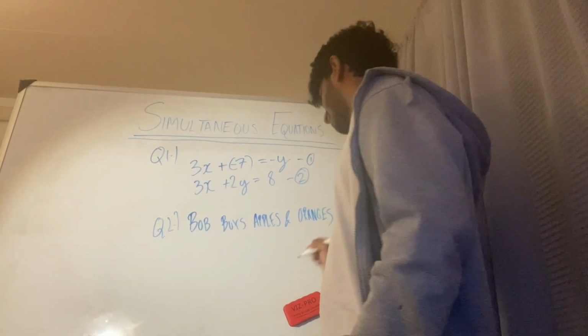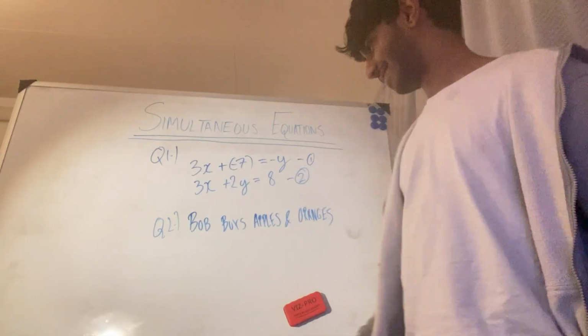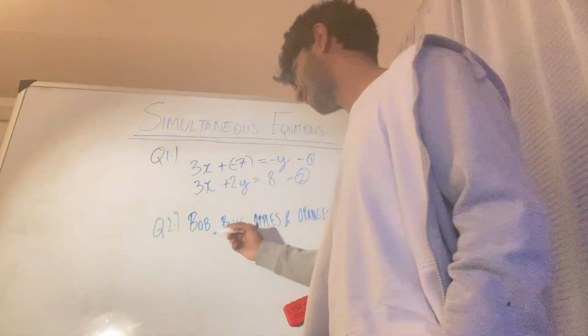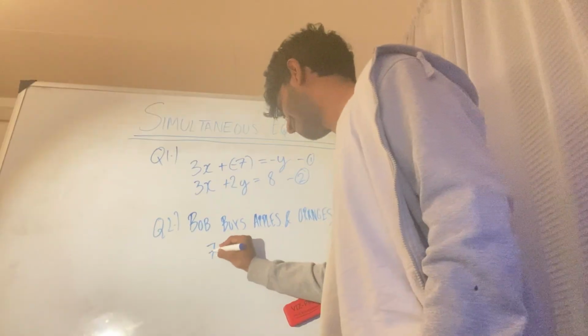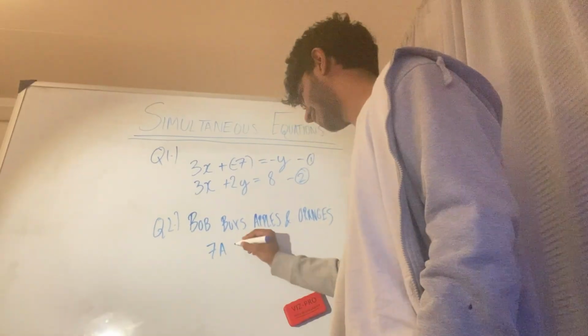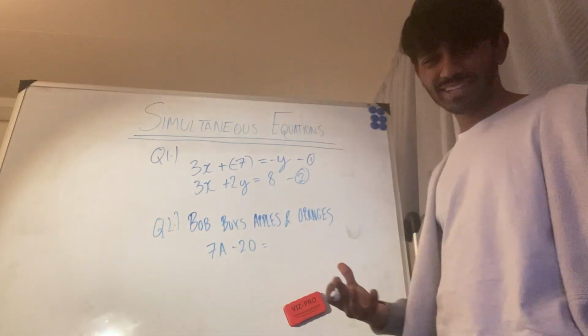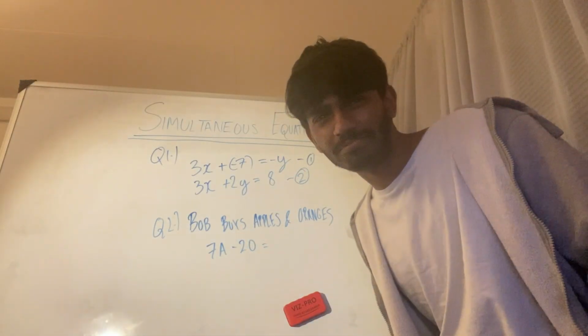And basically, when he buys 7 apples, minus 2 oranges, it roughly costs around 45.